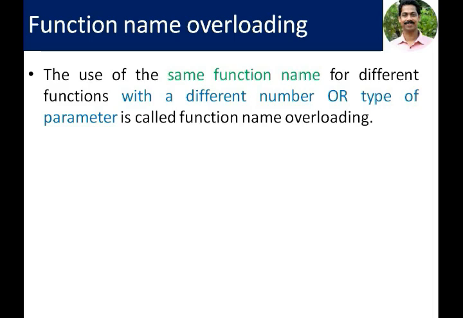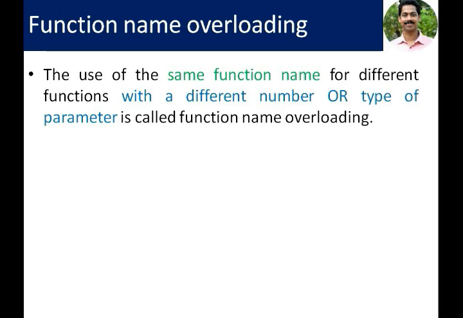That is, the way of writing a function name more than once in a program is called function overloading. So function name overloading is possible in C++ only when we are using a different number of parameters or different types of parameters in the function heading. That is the criteria for function name overloading.